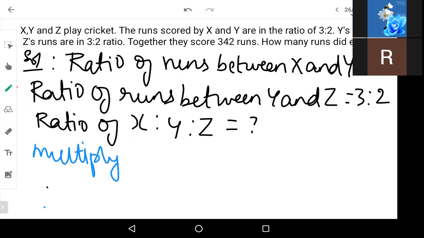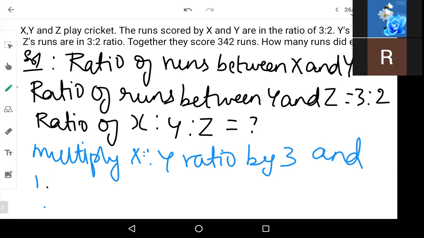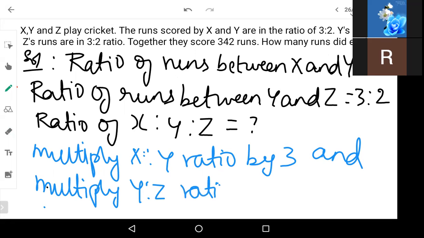Multiply the X is to Y ratio by 3 and multiply the Y is to Z ratio by 2. Did you understand what I did here? This part of multiplication?